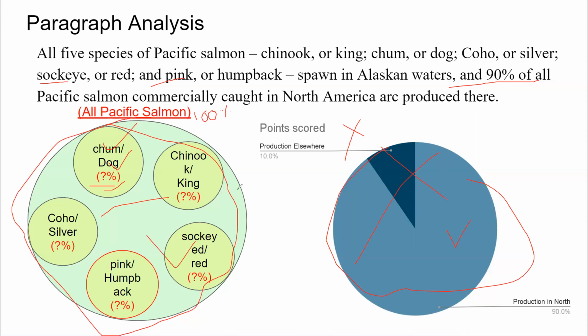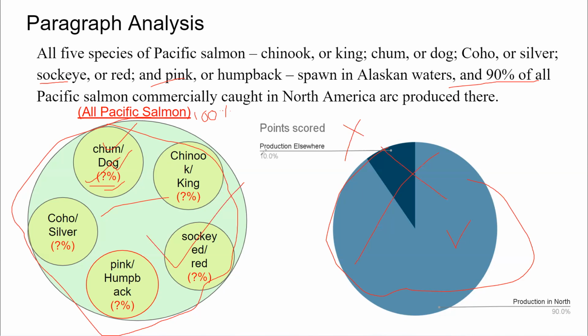Thus, let's come back to this set of information, and from here we can understand that no percentage share of sockeye or pink salmon is given. That means we do not know whether their percentage was 90%, more or less.